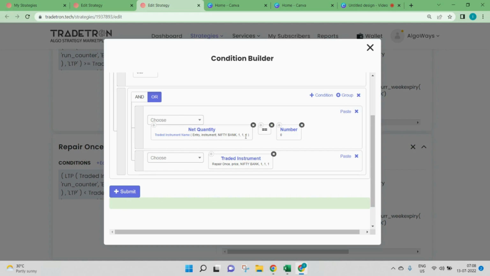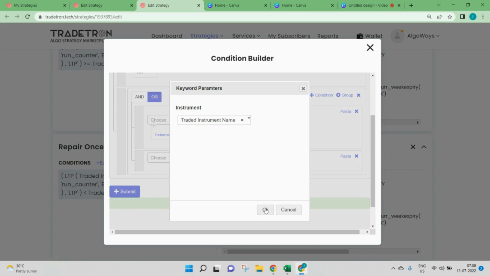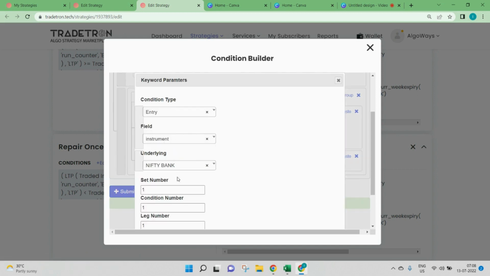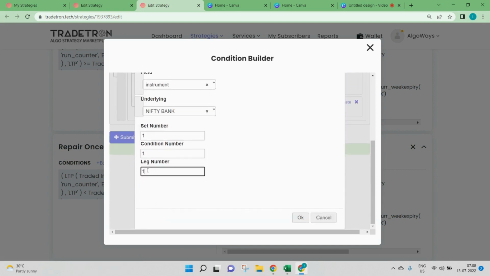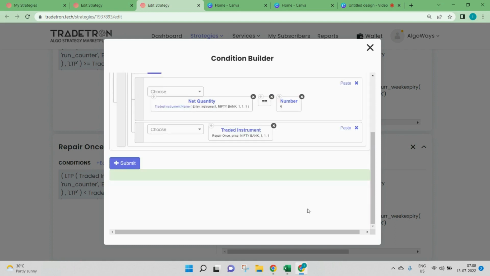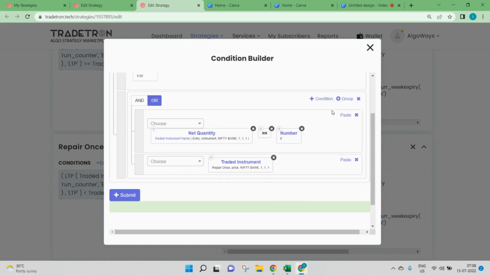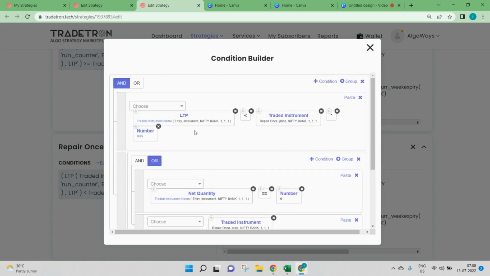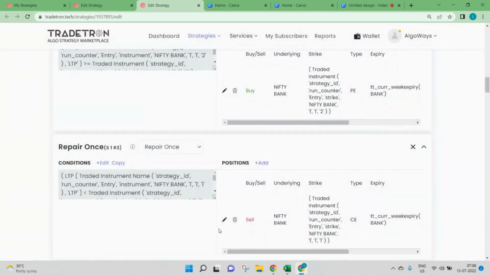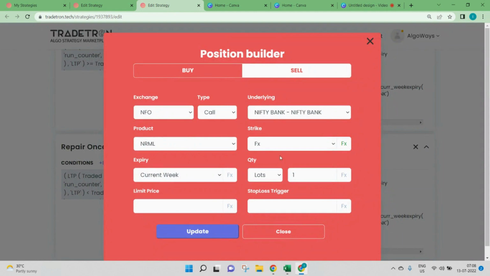First condition says that your entered leg, that is CE, net quantity of the entered leg by set 1 condition 1 leg 1 means that is CE is 0, it means that the stop loss was hit. In that case, if that LTP again comes down by 15% from the exited rate, then what we will do, we will sell the call option again.